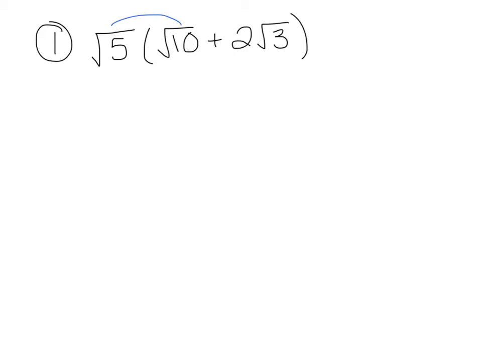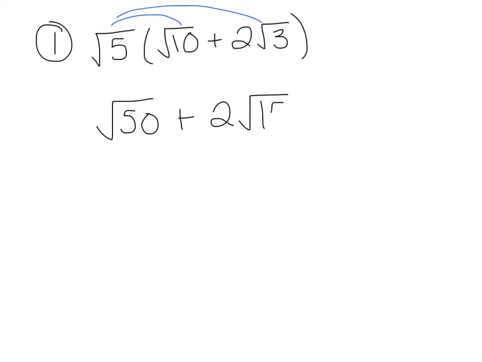So square root of 5 times square root of 10 gives you square root of 50, plus square root of 5 times 2 square root of 3 gives you 2 square root of 15.